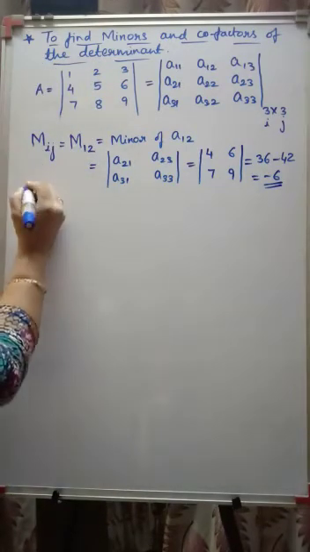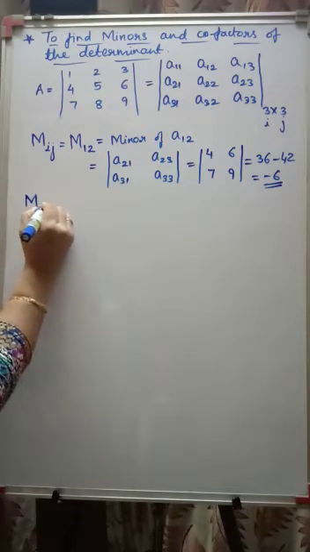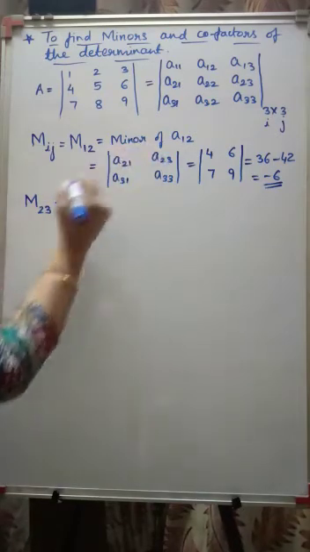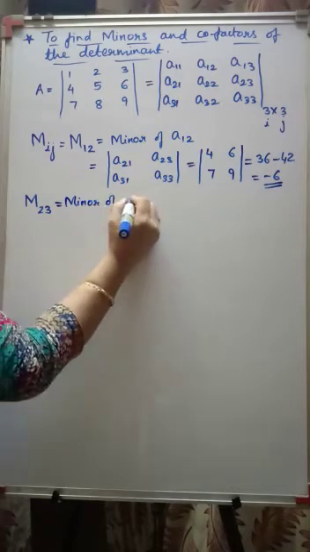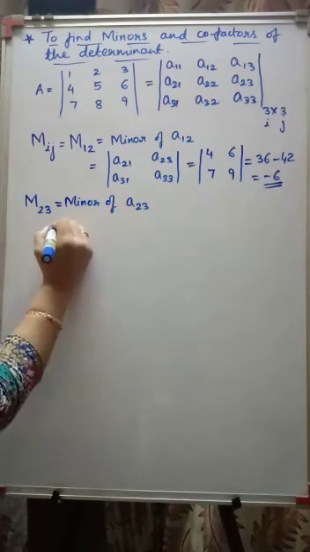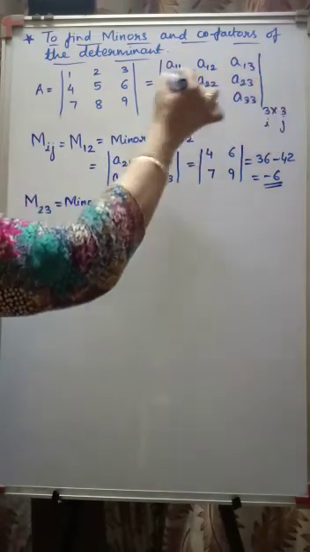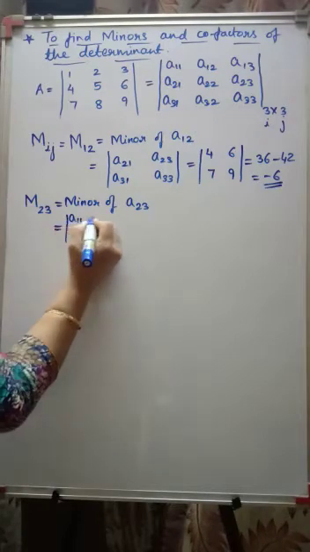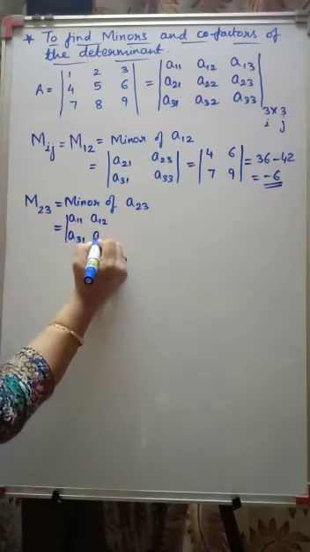For example, if I want to find the minor of 2,3, that is the minor of A23. Cancel that row, cancel that column. What is left is A11, A12, A31, A32.